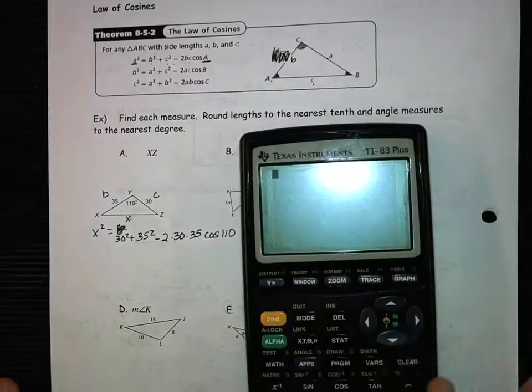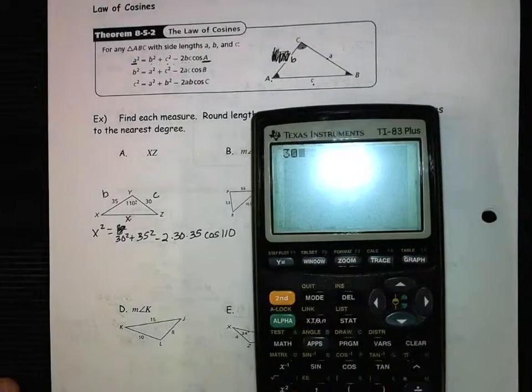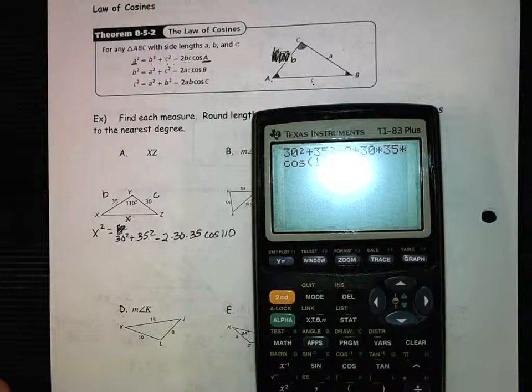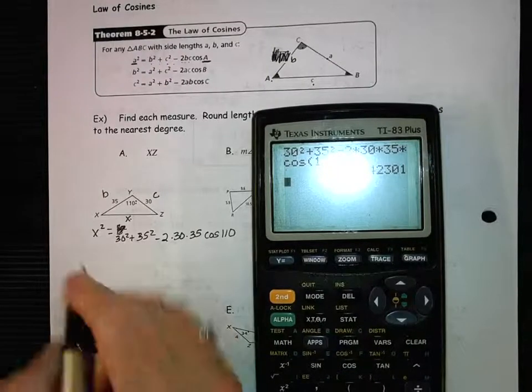From here, we can just multiply this whole thing out. 30 squared plus 35 squared minus 2 times 30 times 35 times the cosine of 110. So it's a long formula. Substitute your numbers in.